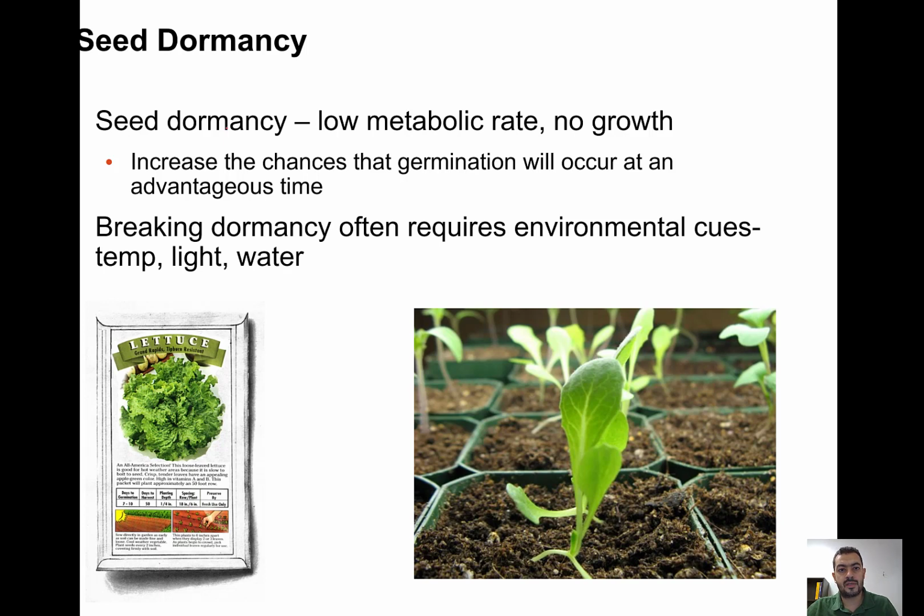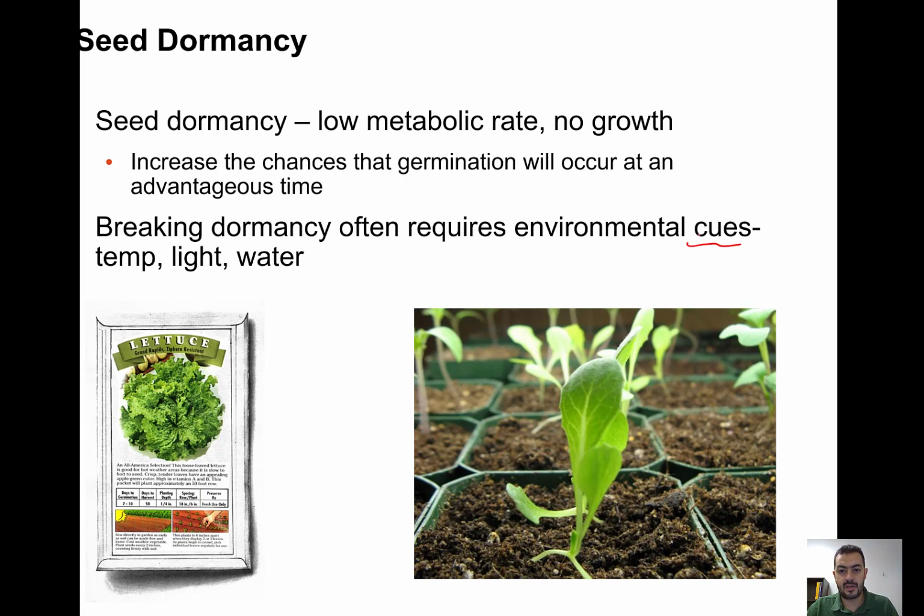So how will the seed know that the conditions have changed, and that it should now break the dormancy because the advantageous time is there? It will know usually depending on environmental cues.